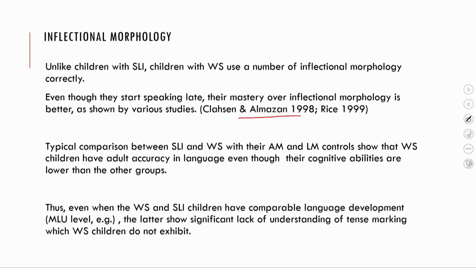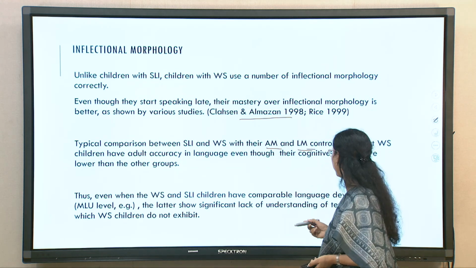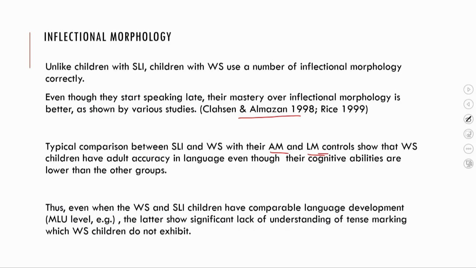Typical comparison between SLI and WS with their age matched and language matched controls show that WS children have adult accuracy in language, even though their cognitive abilities are lower than the other groups. Thus, even when Williams syndrome and SLI children have comparable language development in terms of MLU, mean length of utterance, in terms of MLU, they can be comparable.